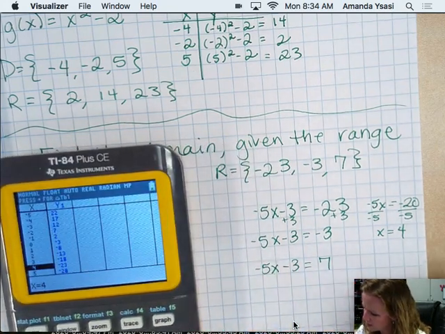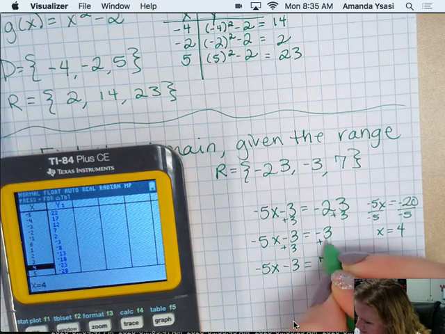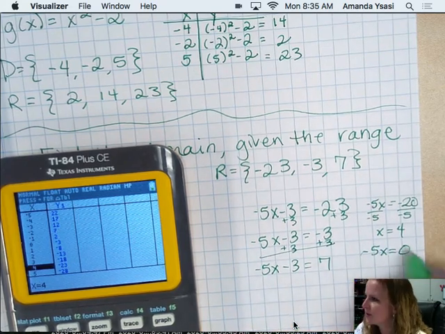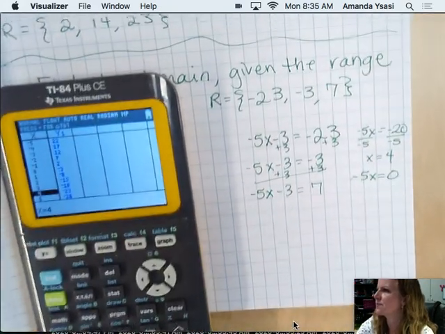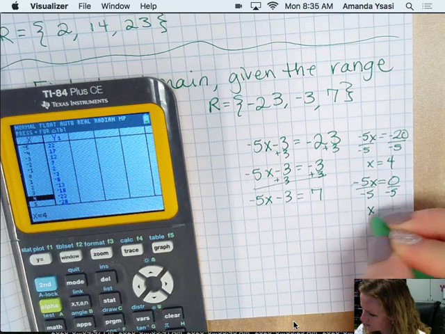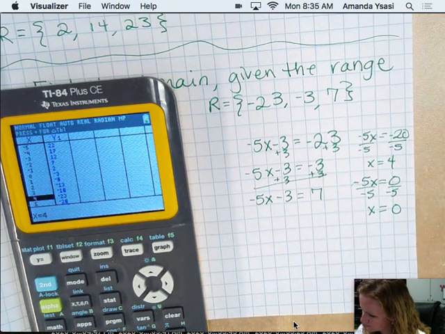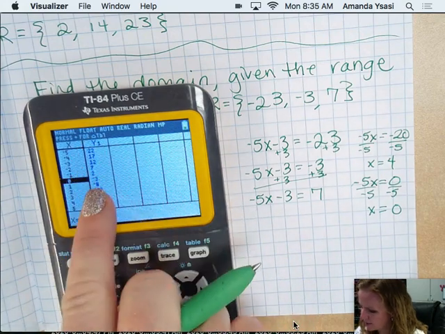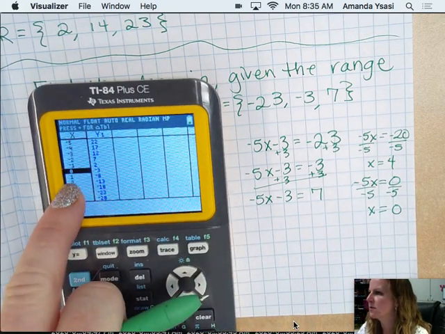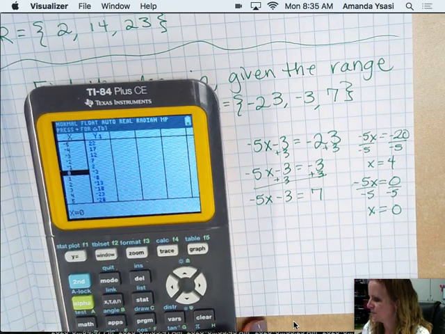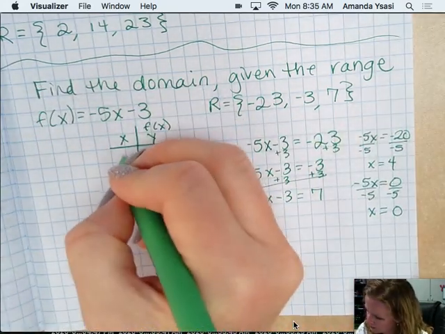So then you do the same thing here. So +3, +3. We get -5x. I didn't give myself much room to do this. Then divide by -5. X equals 0. So when y is -3, x is 0. So this would be +4.